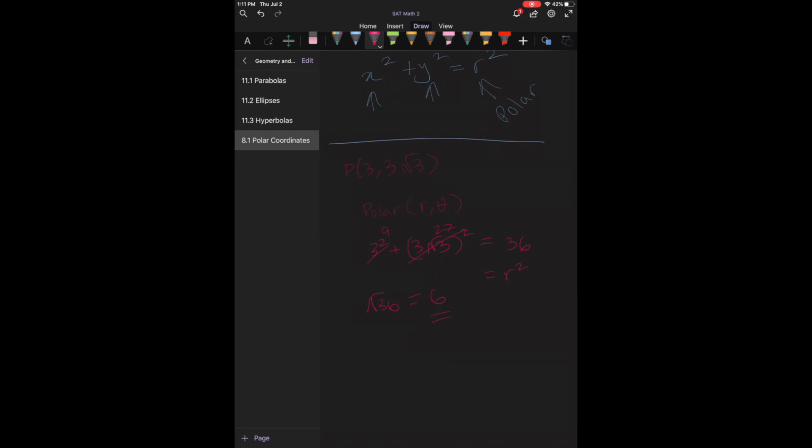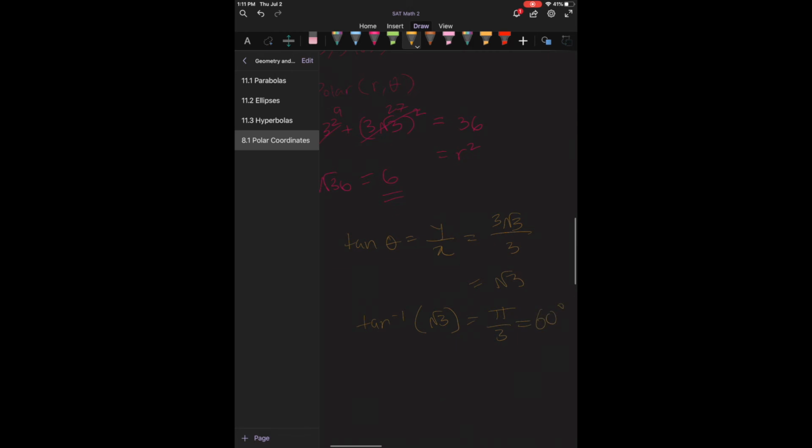Now if we use this formula, tangent of theta equals y over x, we get 3 root 3 over 3, and we get square root of 3. And if we do the inverse tangent of square root of 3, we get pi over 3, which is also 60 degrees.